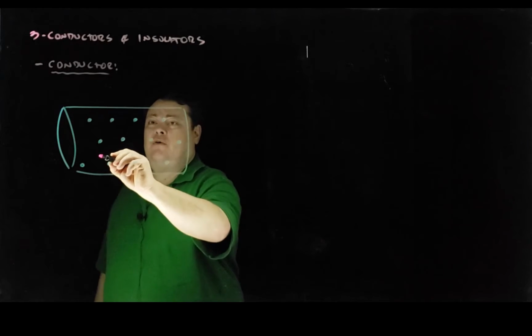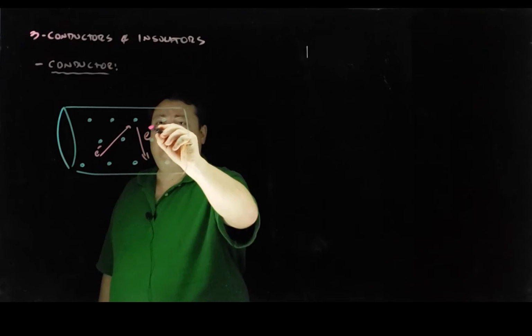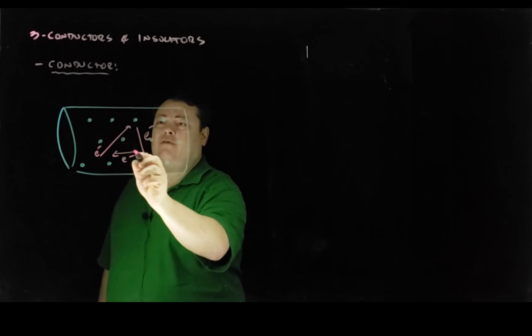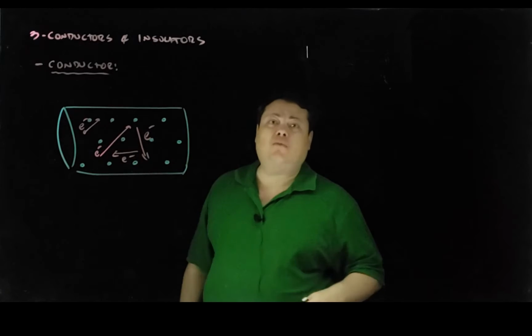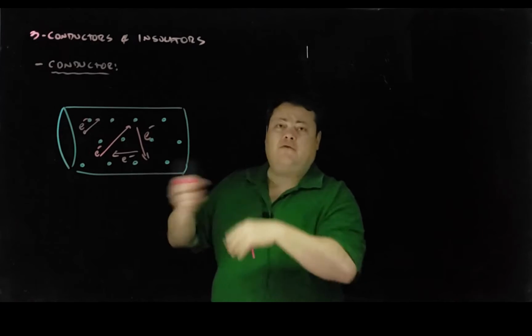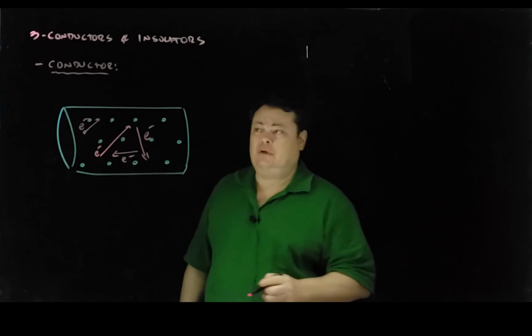So we'll have it moving around here, and then it might bounce and might be captured, and then move back, and we just have those electrons moving around in random motion, not organized, just random motion back and forth, colliding with each other, colliding with atoms, and just moving around.